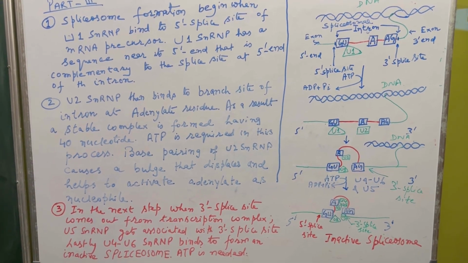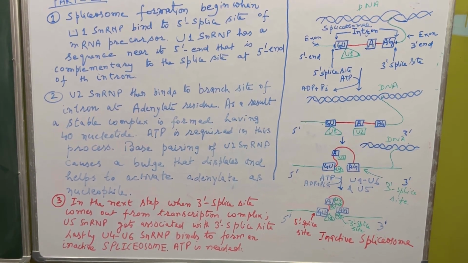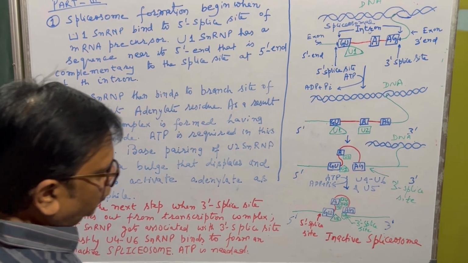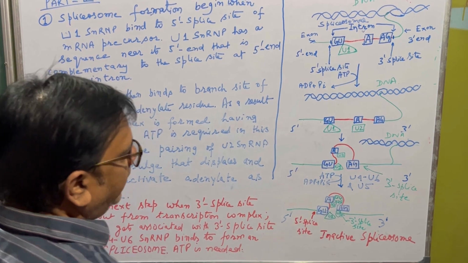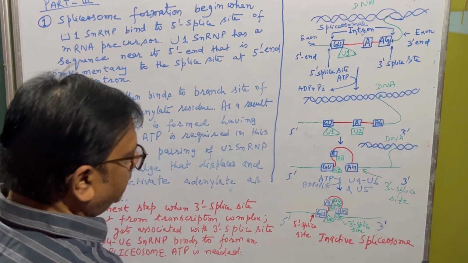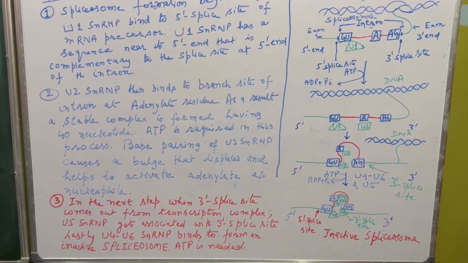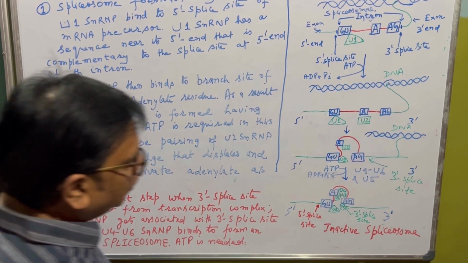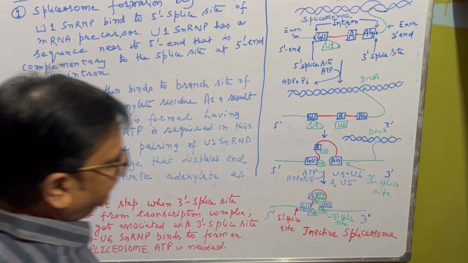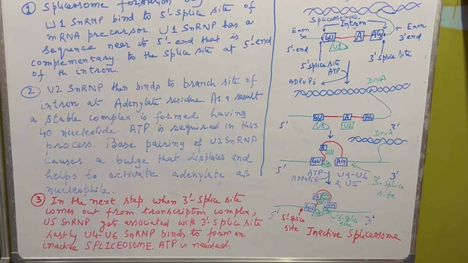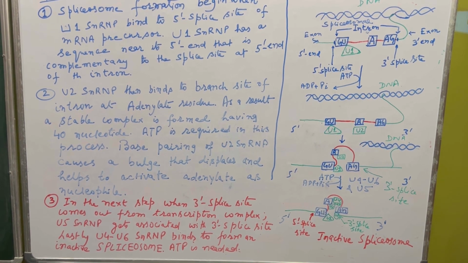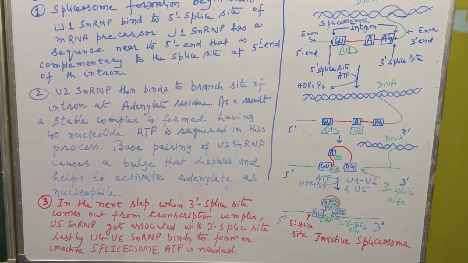As soon as the 3' splice site is synthesized, U5 will bind with the 3' splice site, followed by U4 and U6. The U4/U6 snRNPs bind to form the spliceosome.